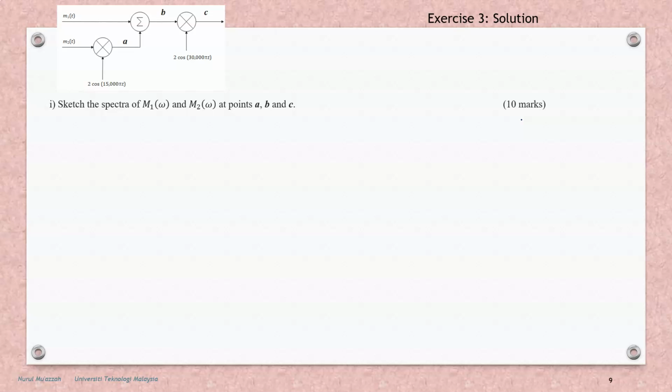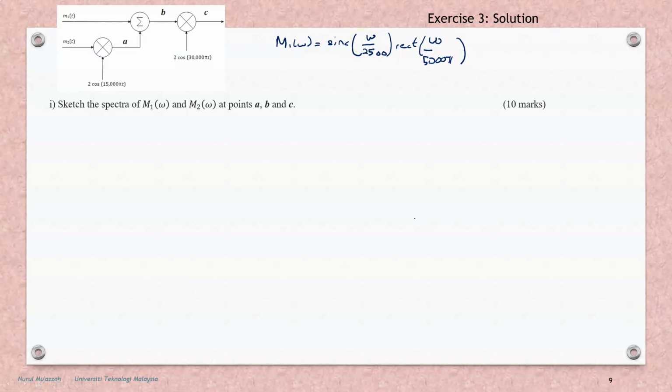So first we need to draw M omega. Before it goes to point A, we need to draw M1 omega. We know that M1 omega is given as a sinc function multiplied by a rectangle function. So now you need to know how to draw the sinc function.